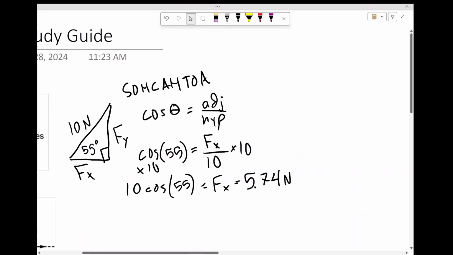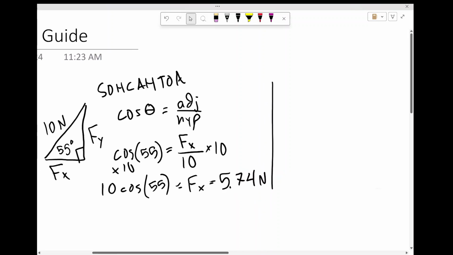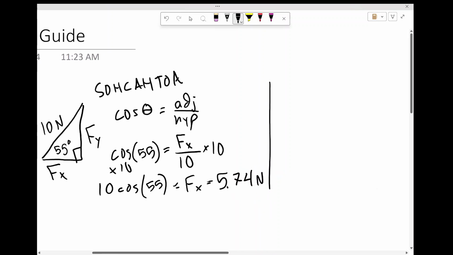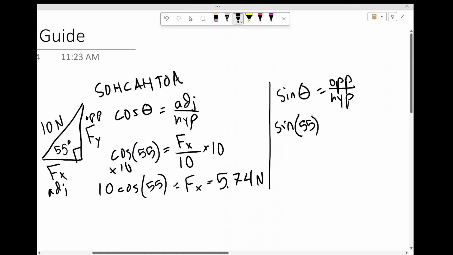And for the y component, we are going to use sine. So sine is opposite over hypotenuse, so Fy would be the opposite side here. So this is the adjacent, and this is the opposite. So sine of theta is opposite over hypotenuse. Sine of 55 is the opposite side, Fy, over the hypotenuse, which is 10.